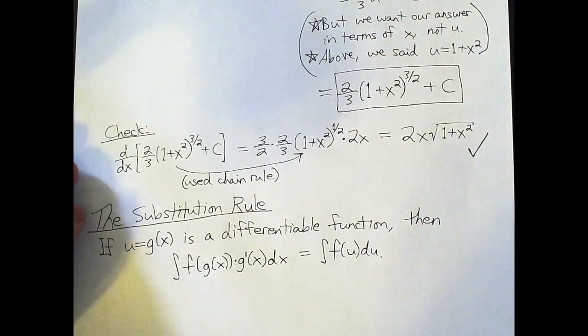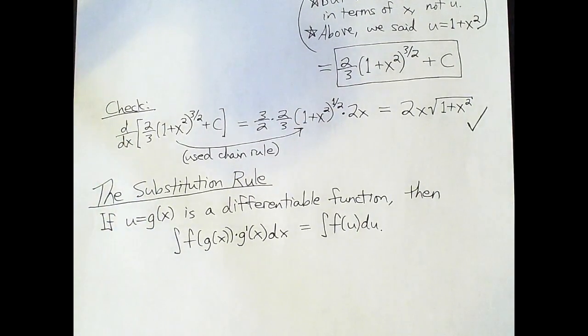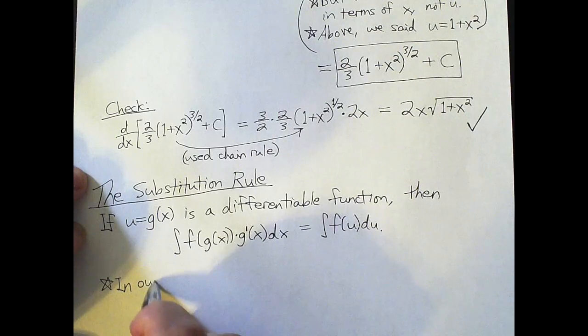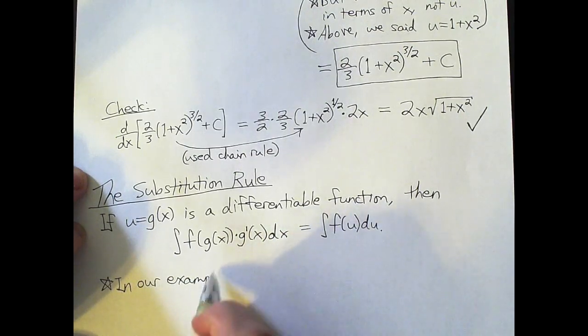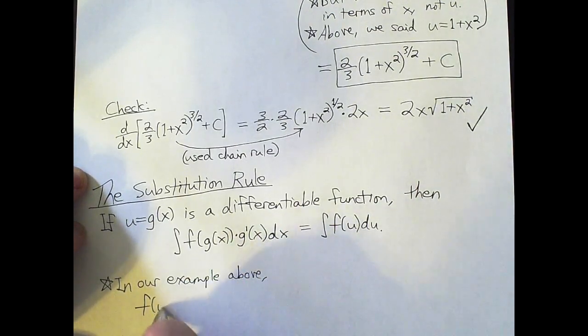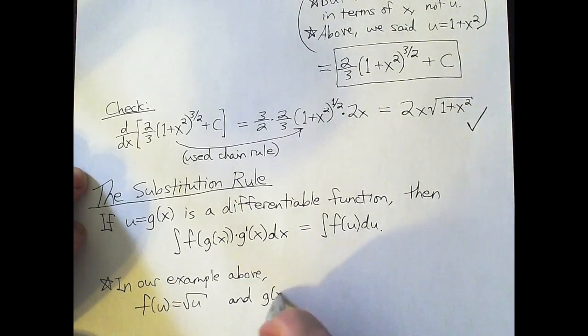You don't need to memorize this formula. That's not what this is about. We'll just do problems and understand this as a strategy. But still, this is just a more formal way of saying what we did above, just so you can see that connection. In our example above, f of u was the square root of u, and g of x was 1 plus x squared.